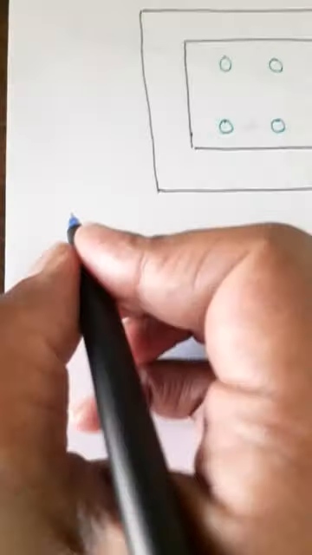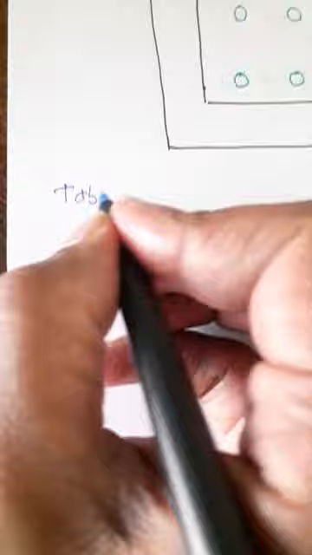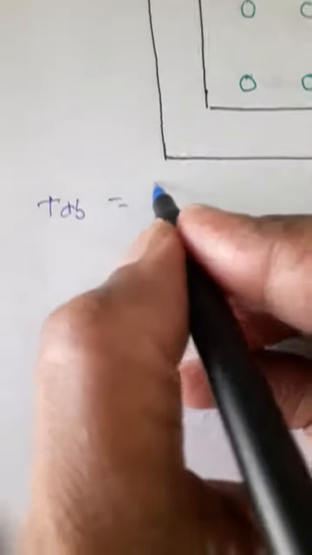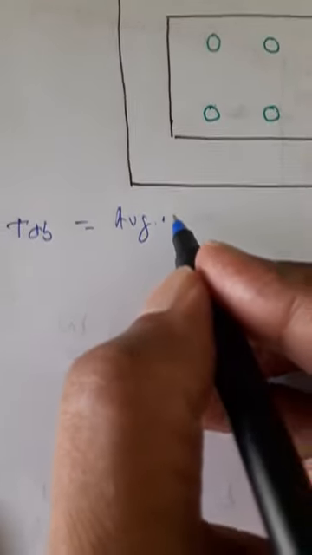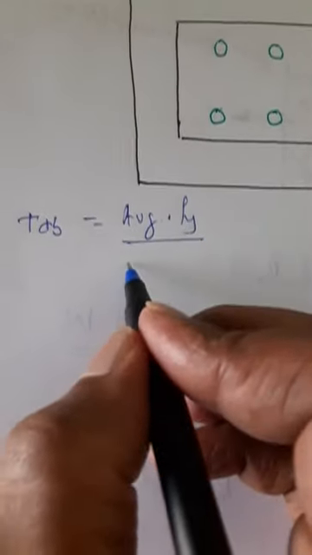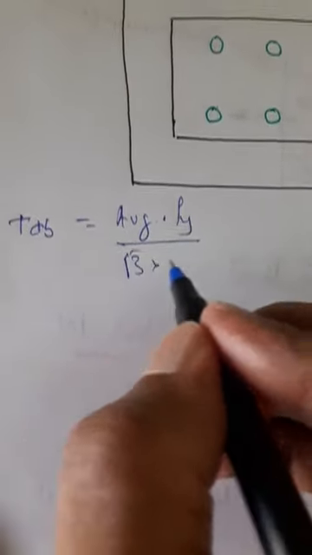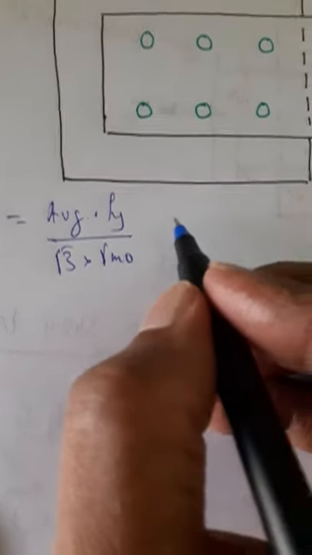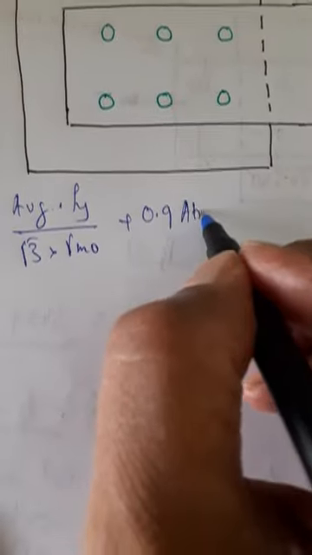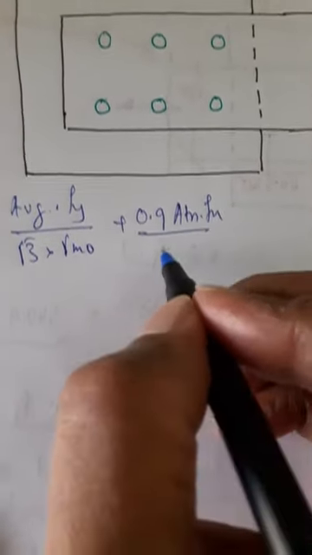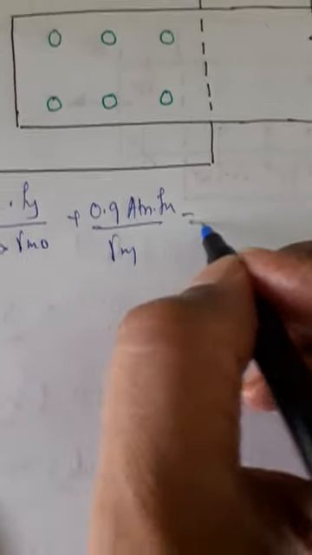So I am having the equation TDB is equal to AVG into Fy by root 3 into gamma m naught plus 0.9 ATN Fu by gamma ml.